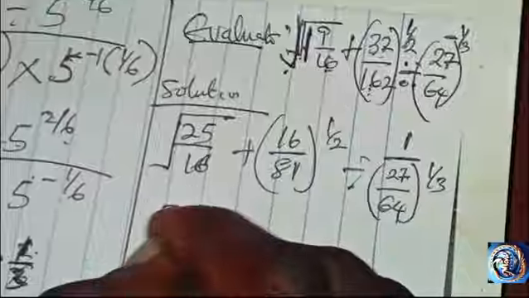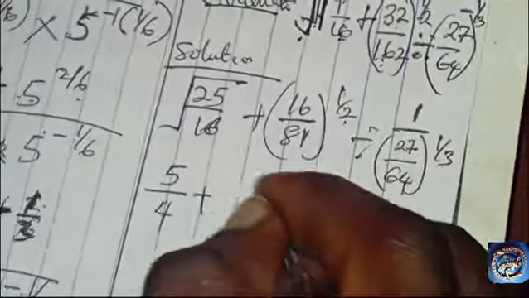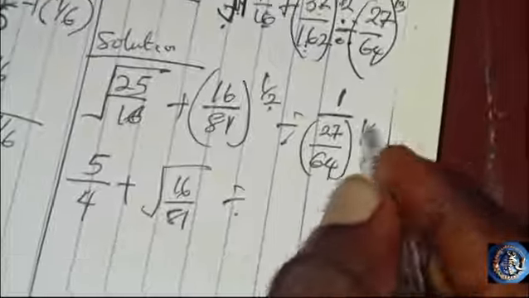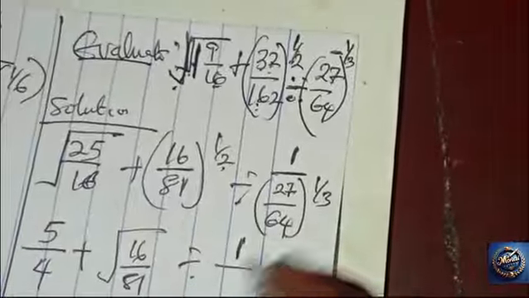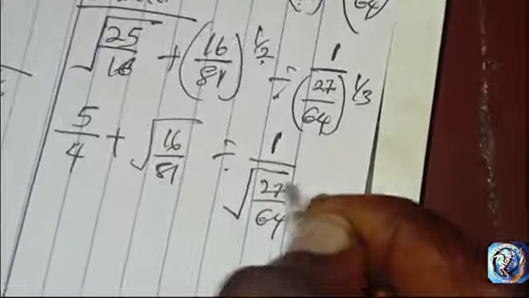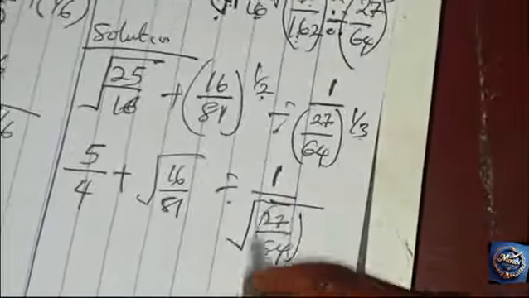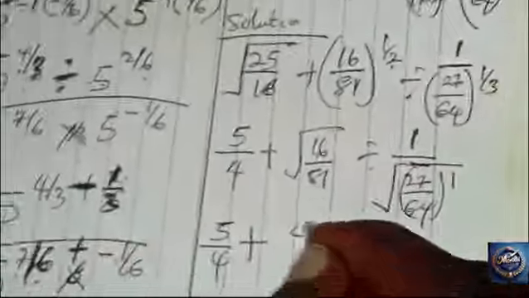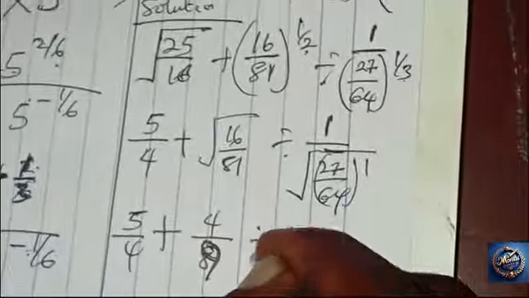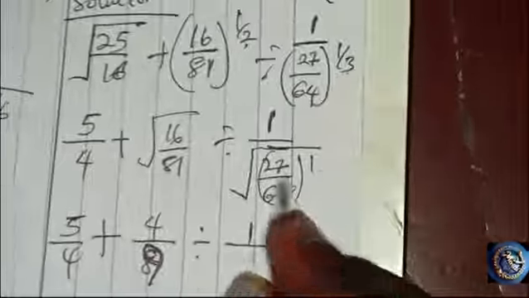So I come here, this one is going to be 5 over 4 plus the square root of 16 over 81, divided by 1 over the third root of 27 over 64. So I have 5 over 4 plus the square root of 16, which is 4, over 9, divided by 1 over the third root of 27.